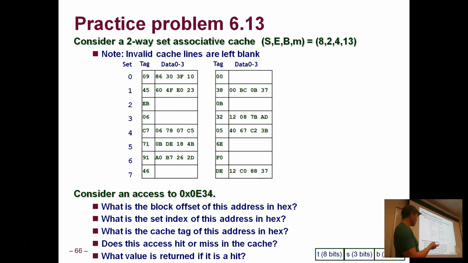Does this access hit or miss in the cache, and what is the value that's returned if it's a hit? The way you're going to solve this is to take this hex address and blow it up in bits. Expand it out, and then reorganize the bits based on the layout that you just told me was the way to access this cache. Yes?